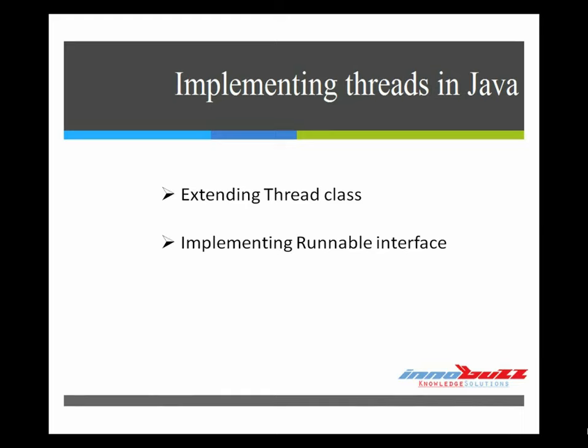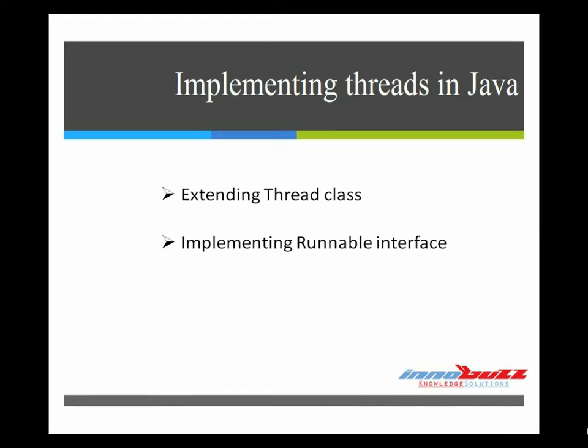And there is still one big difference between implementing Runnable and extending Thread: by extending Thread, each of your threads will have a unique object associated with it. But when we implement Runnable, many threads can share the same object instance.